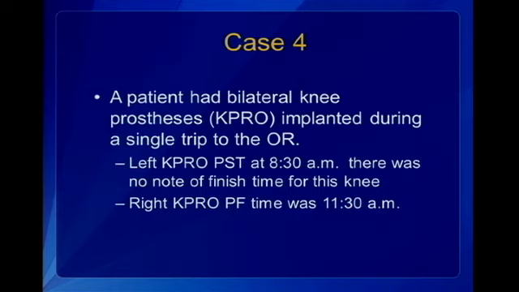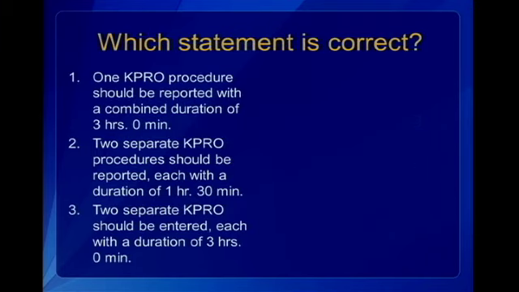Then they did a right K-Pro and the procedure finish time for that was at 11:30 a.m. Which statement is correct? 1, one K-Pro procedure should be reported with a combined duration of 3 hours. 2, separate K-Pro procedures should be reported, each with a duration of 1 hour and 30 minutes. Or 3, 2 separate K-Pros should be entered and each should have a duration of 3 hours and 0 minutes. Which one is correct?